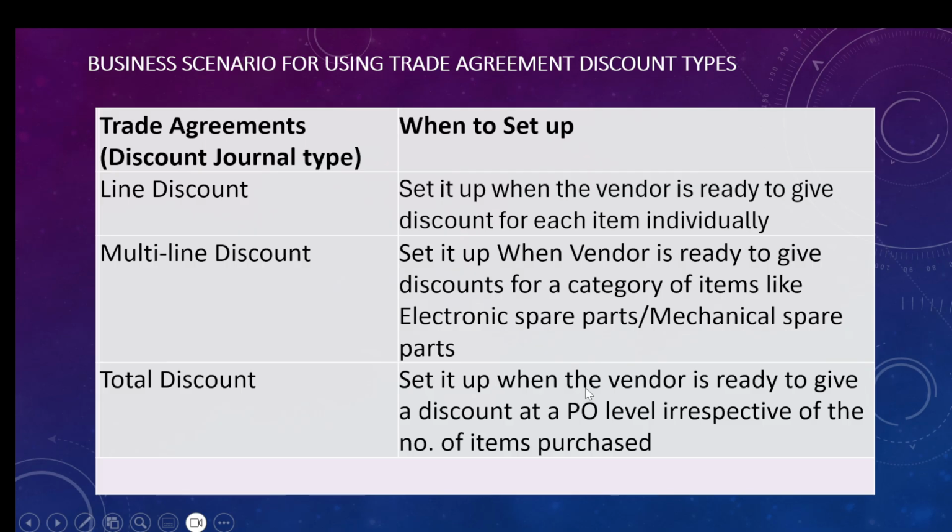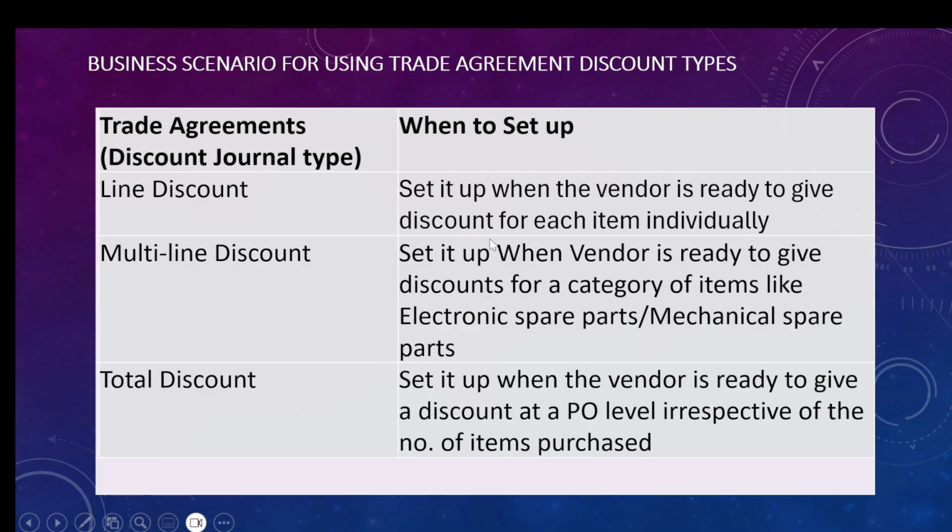Now, we can set up a discount as a percentage of the total purchase order, 5% or 10% of $100. Then the total discount would be $5 or $10, depending on the total order value. This is when the total discount is applicable. So depending on what our customer says, as a consultant, we should be able to assign the appropriate discount in their environment.